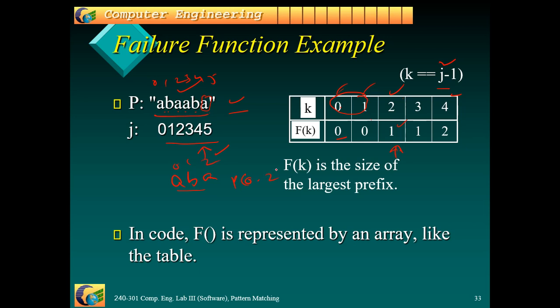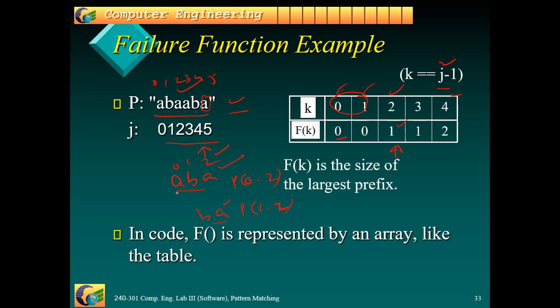When you are identifying the suffix, what string do you take? From 1 till j minus 1, so 1 to 2, which means BA. So when you are finding the largest prefix, you find it from ABA, but when you are finding the suffix, you find it from BA.